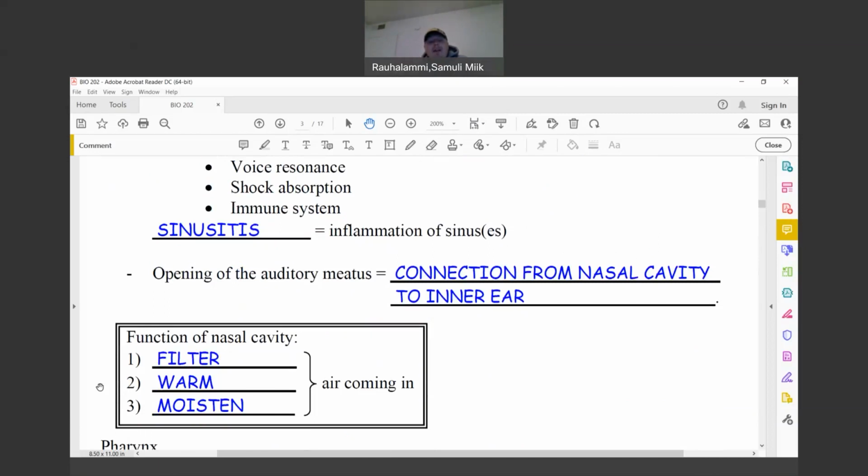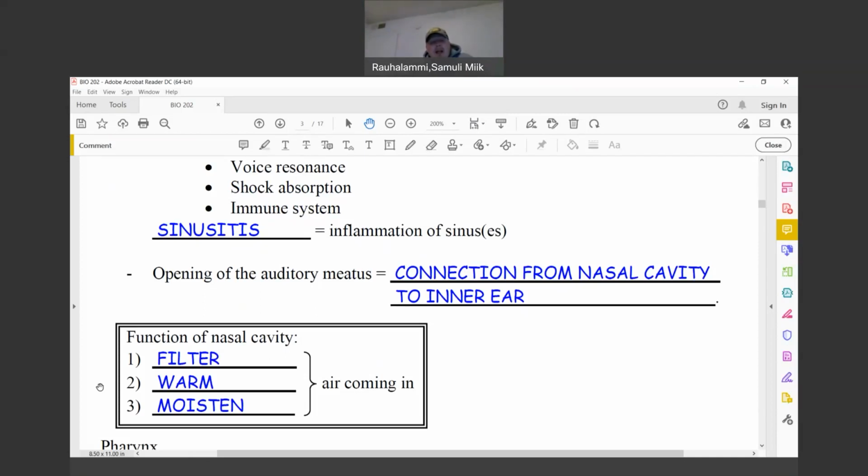And we also want to humidify the air. For these purposes, the nasal cavity had that mucous membrane lining, a sticky, wet surface, and a lot of capillary vessels within the nasal cavity to bring heat with the blood to that area. So this way we make sure that the air that's coming in gets dealt with in these three aspects.